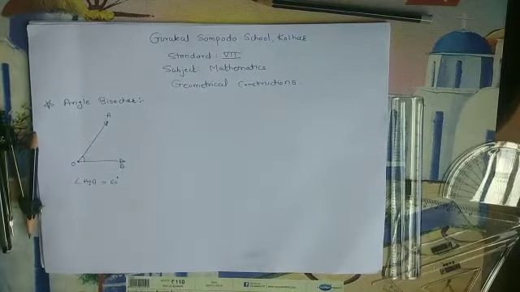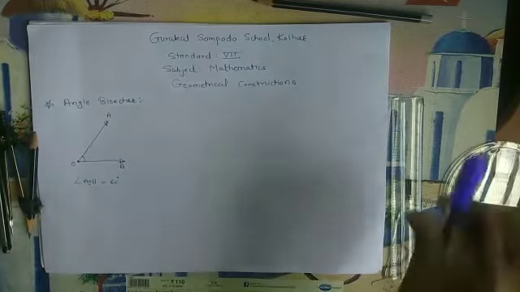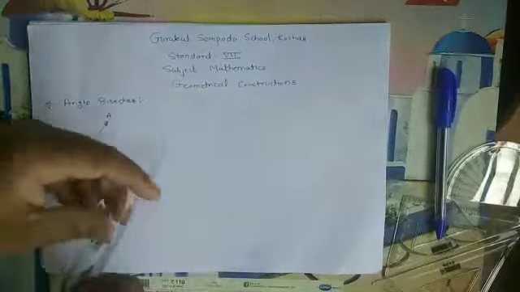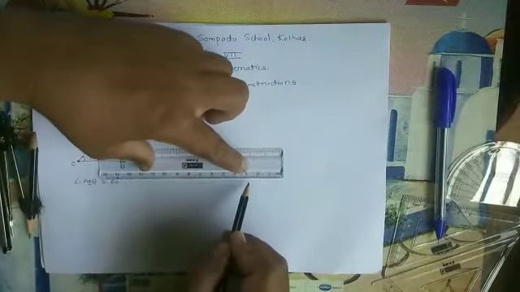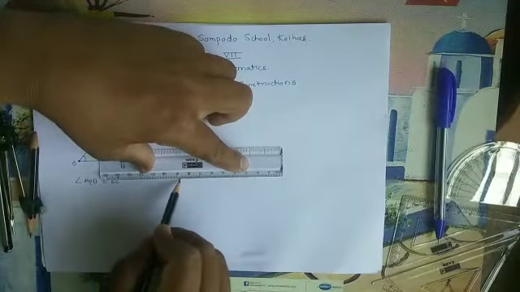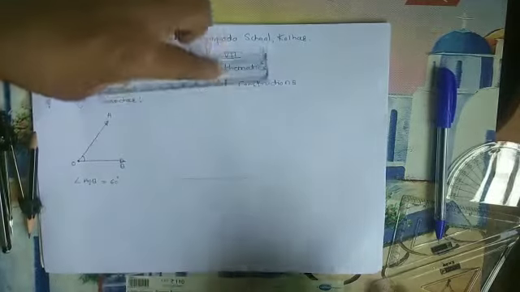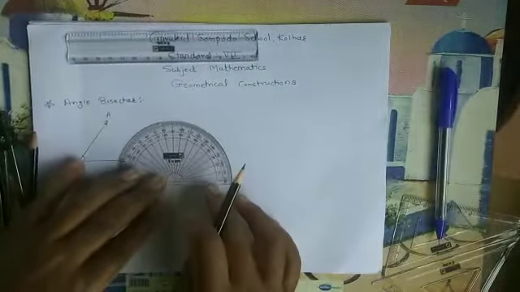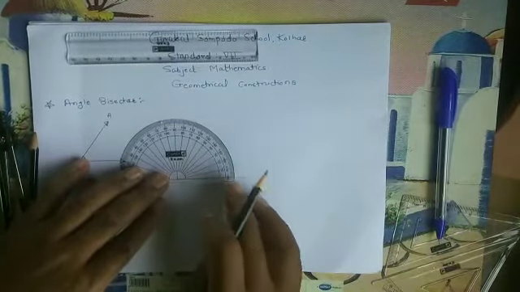Now here we want to divide an angle into two equal parts. So how do we divide this? We are going to study the procedure to draw an angle bisector. Suppose I draw an angle. First I draw a straight line. Then I use this protractor to mark an angle of 60 degrees.